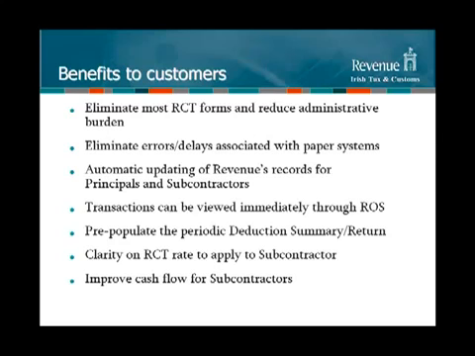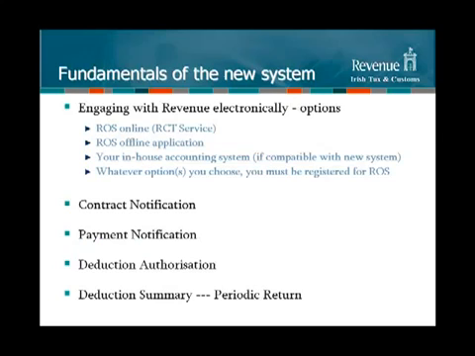Overall, the new system should reduce the administrative burden for both principals and subcontractors. Besides the cash flow benefit in the reduction of the standard rate from 35% to 20%, subcontractors will find it easy to manage their affairs from an RCT perspective.